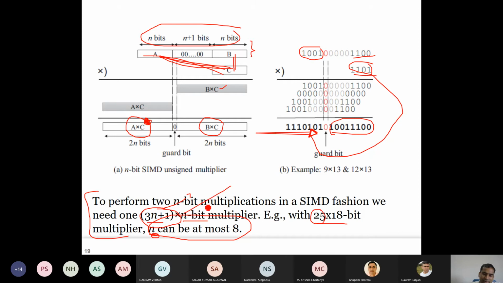Although this n can go up to 18 and we are only at 8, because we have reached this limit of 3n plus 1, the maximum n that we can do is 8. That means using this multiplier, we can do two multiplications, each of them between 8 bits and 8 bits.